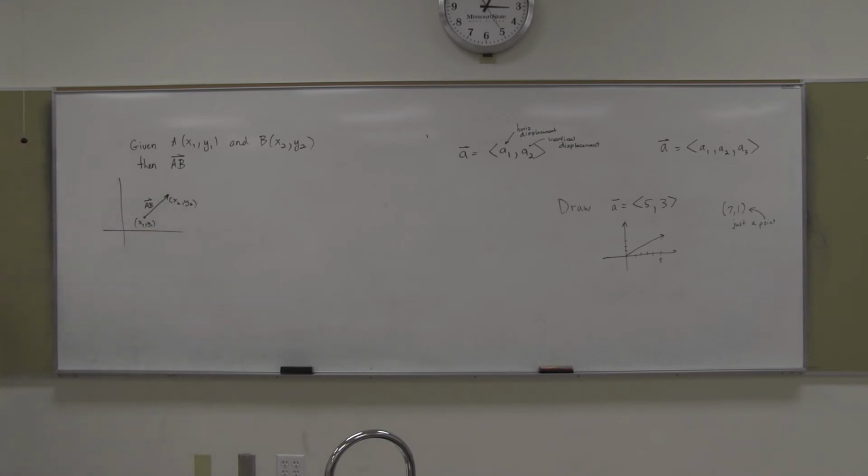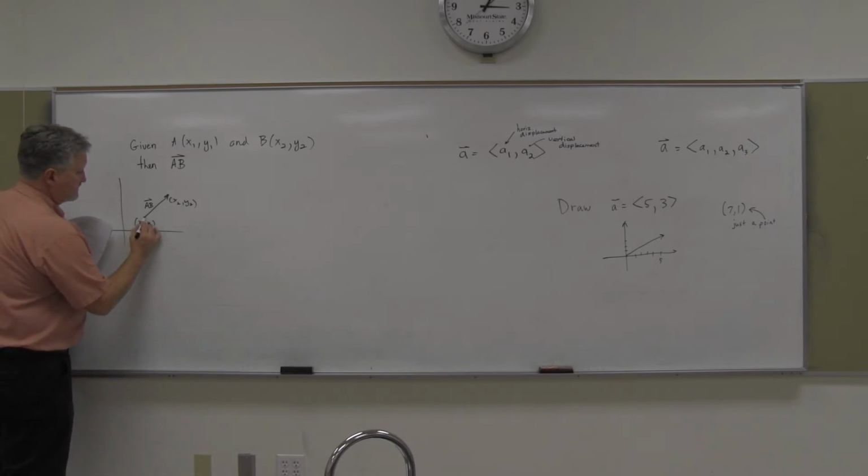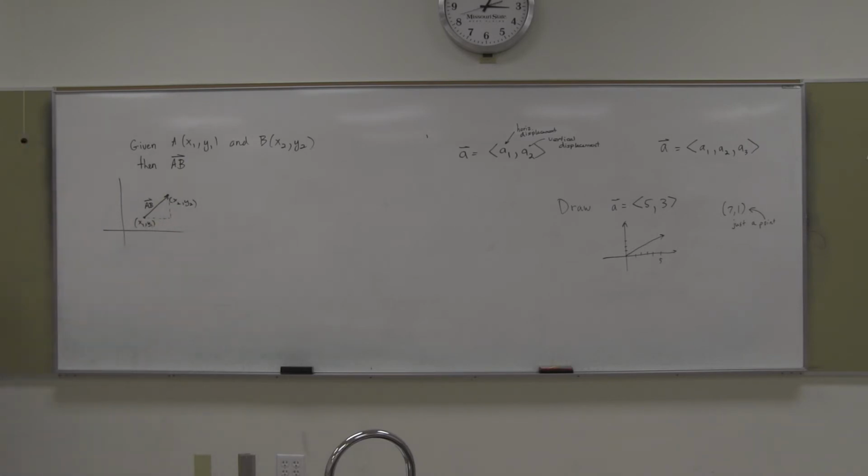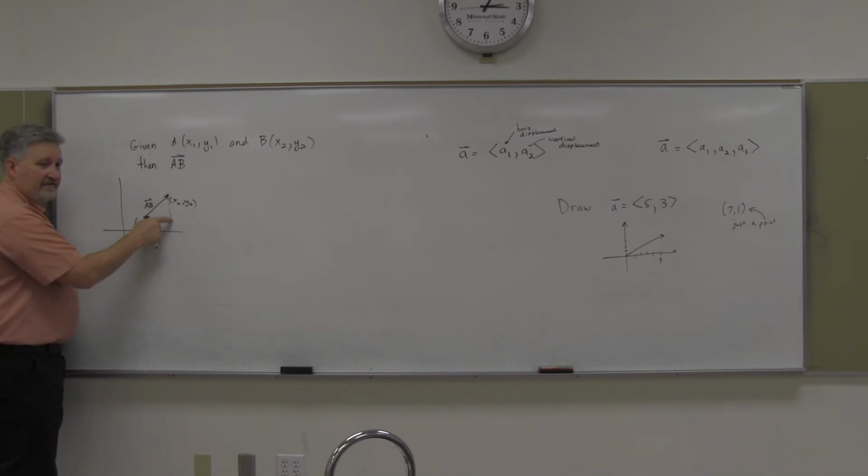Well, it turns out I can use this kind of A vector, but all I have to do is think about what the horizontal displacement is and what the vertical displacement is. This displacement here would just be the difference of your x's, right?